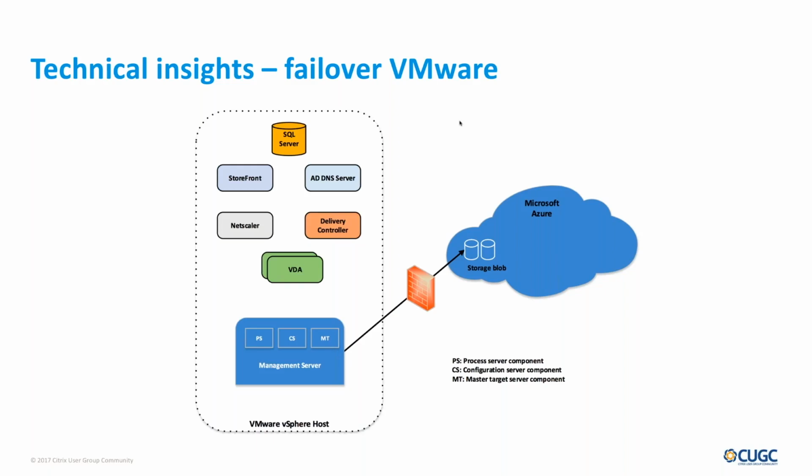So, as that being said, the VDA is the master image of your Citrix XenApp environment, and it also needs to be replicated to Microsoft Azure through the management server. More in the demo later on about how this actually is activated.